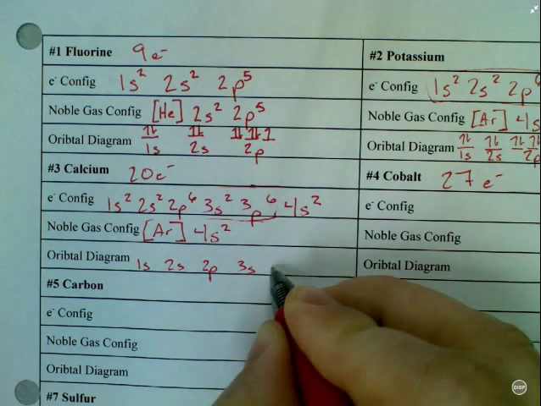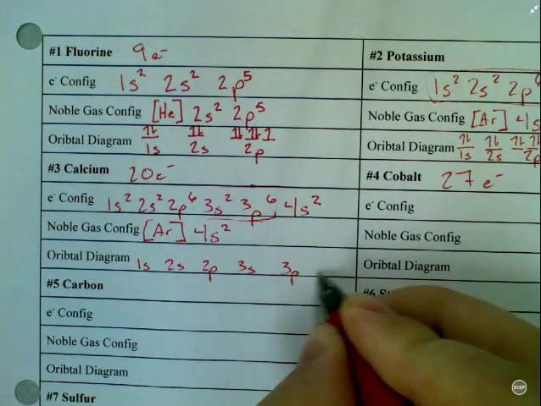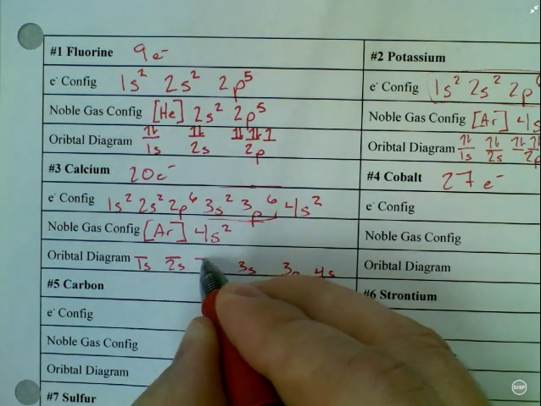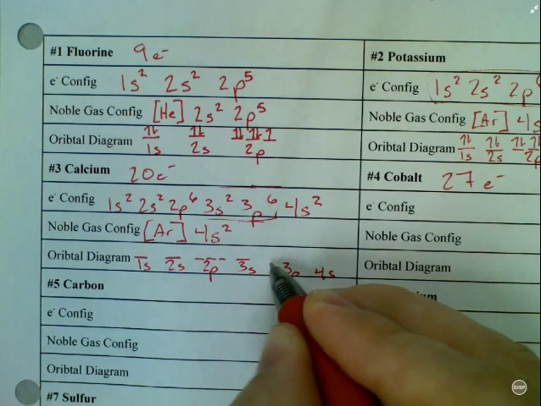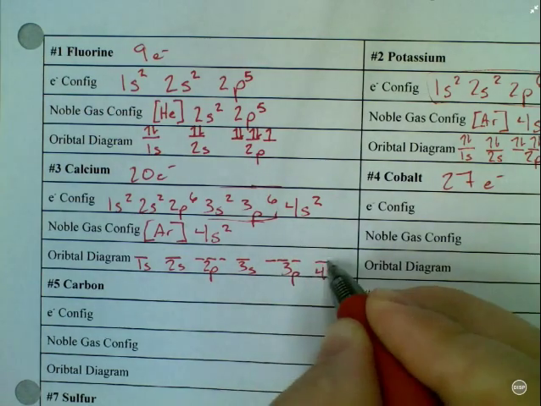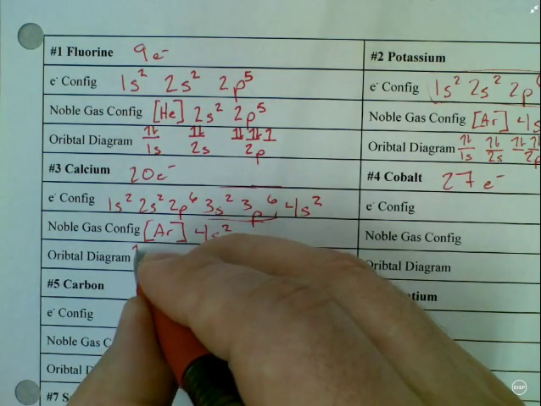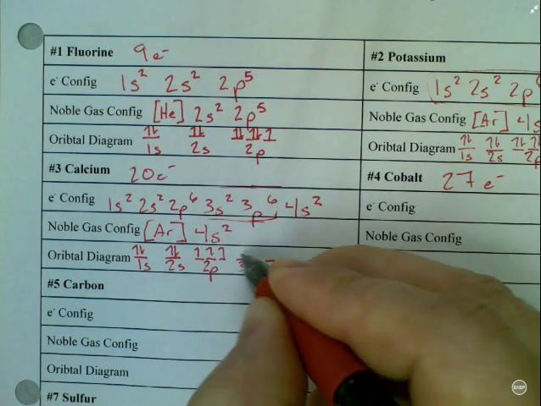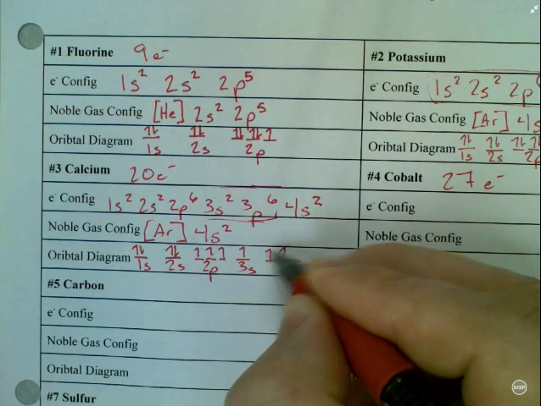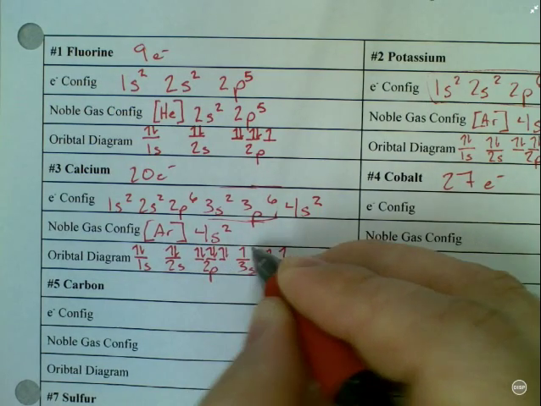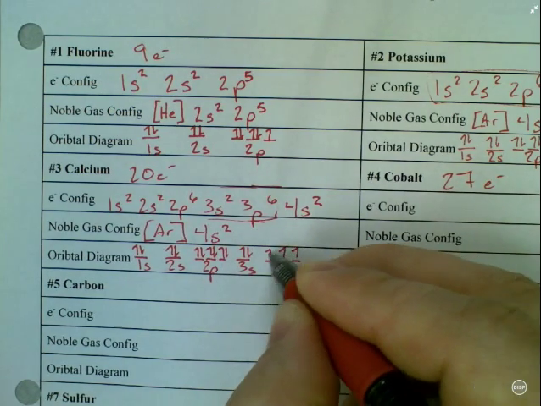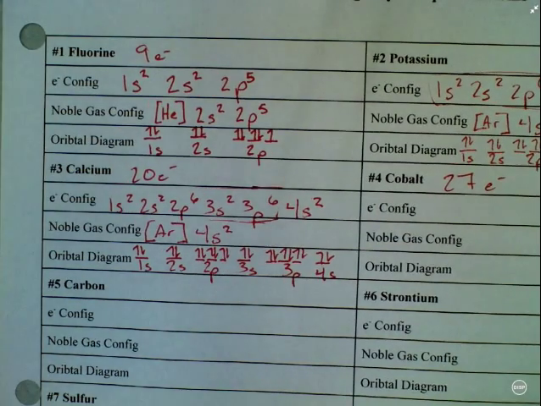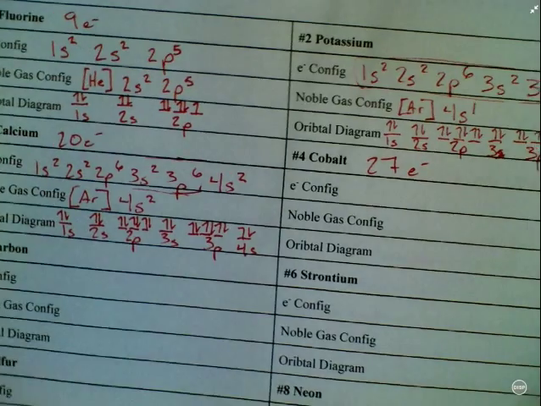The 3s, there's a 3p, and then a 4s. One line there, 3 here, 1 there, 3 here, and 1 there. All right, here we go. Lots of arrows. Oop, got my down spins. And that is calcium.